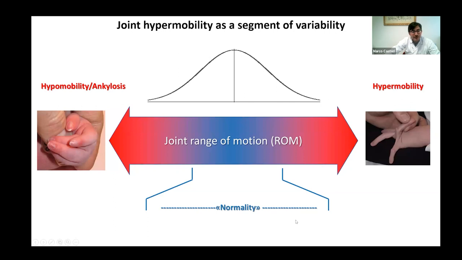On an intuitive perspective, joint hypermobility is at one end of a continuous spectrum of values of joint range of motion. On the other hand, there is joint hypomobility. Similarly to joint hypomobility, also joint hypermobility may be either congenital or acquired, may associate or may not with musculoskeletal symptoms and a compromised function.